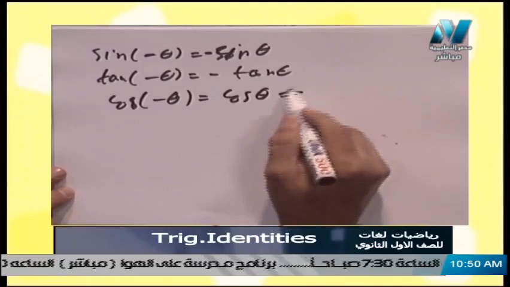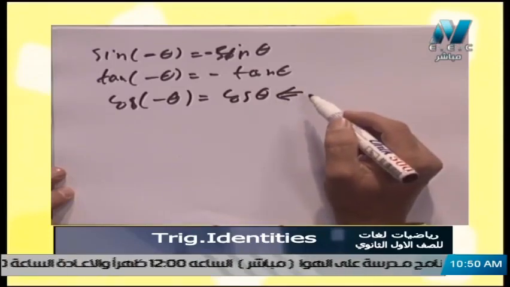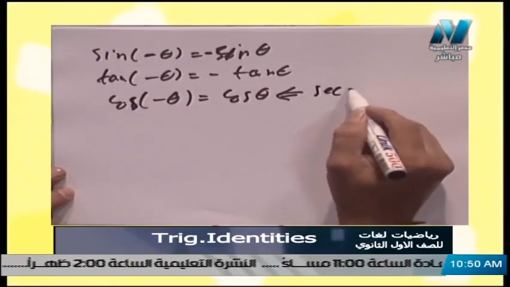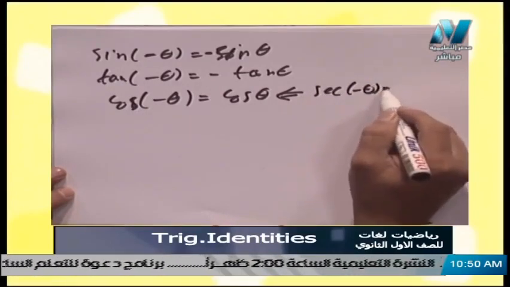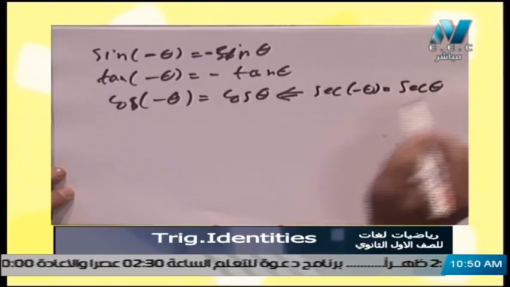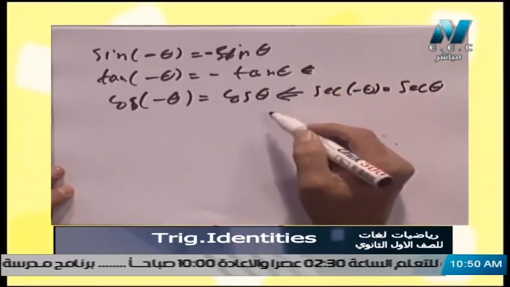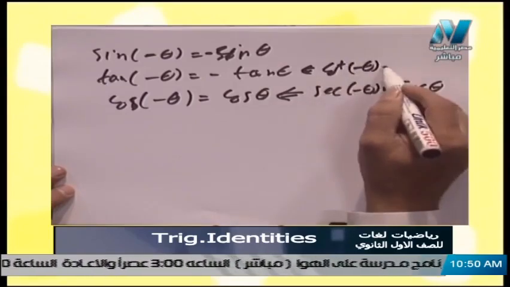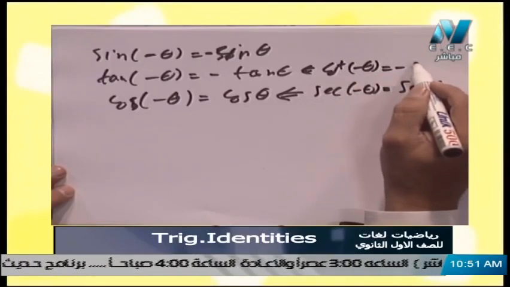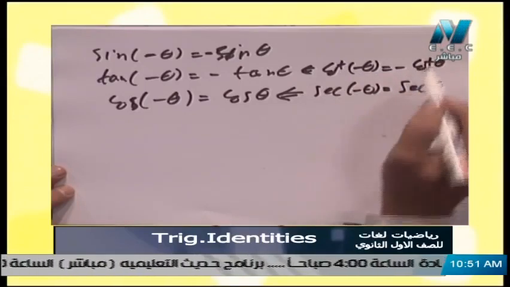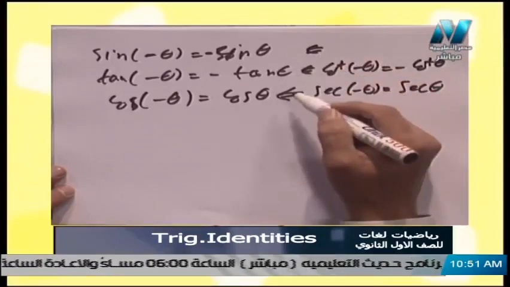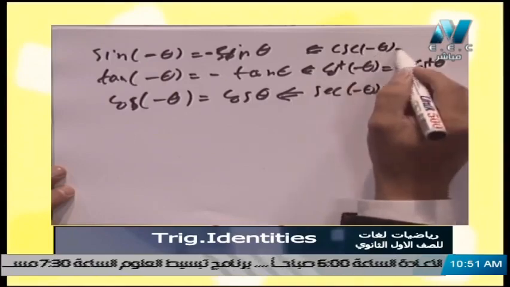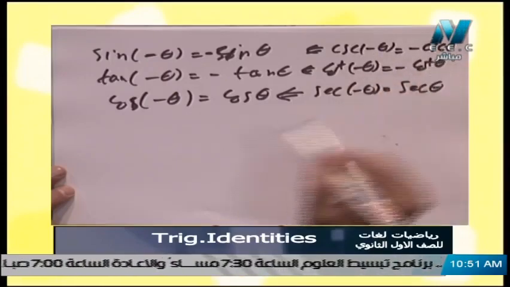Of course, for the reciprocals, sec negative theta will be equal to sec theta, cotan negative theta equals negative cotan theta, and cosec negative theta will be negative cosec theta.